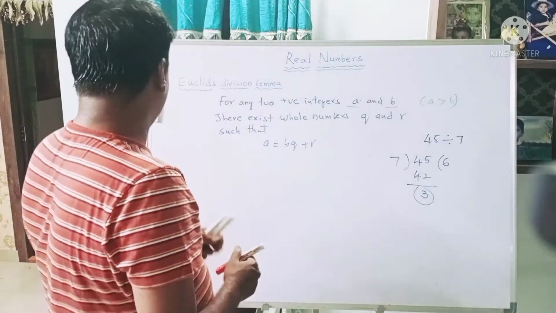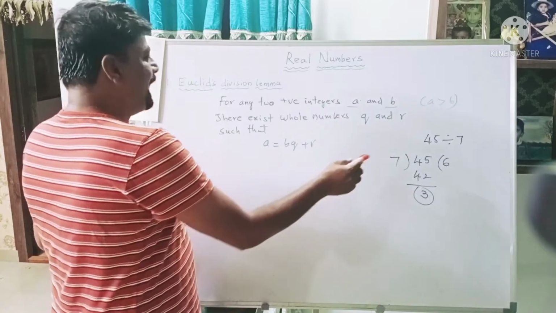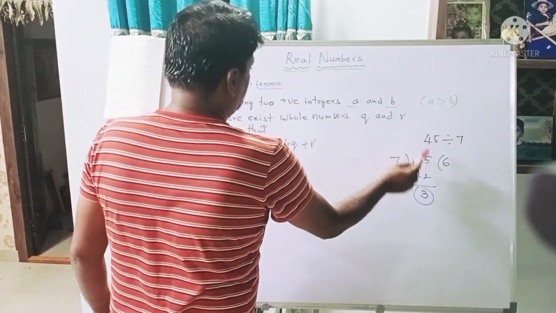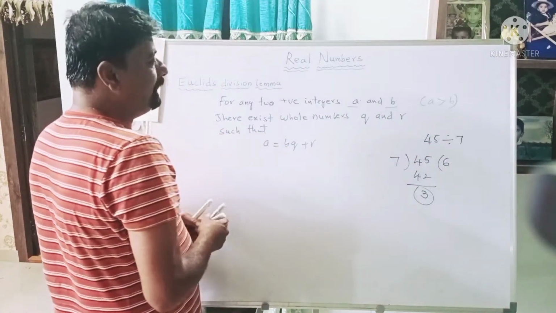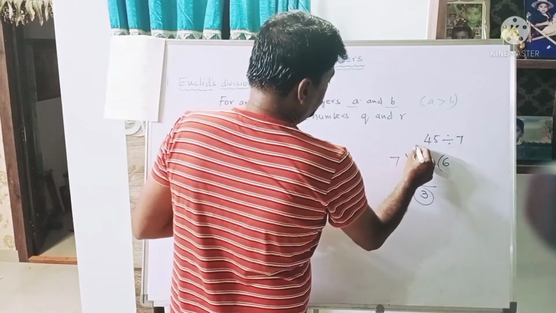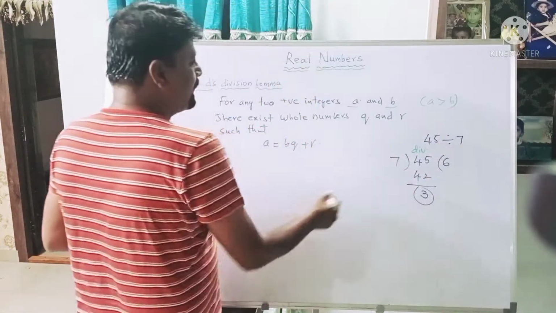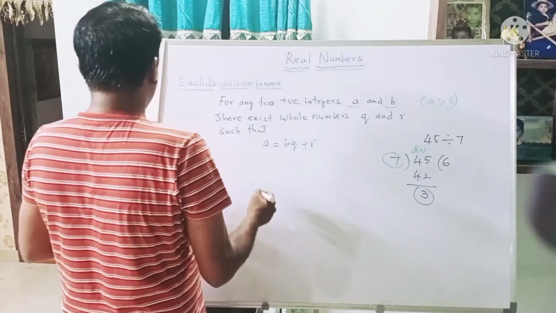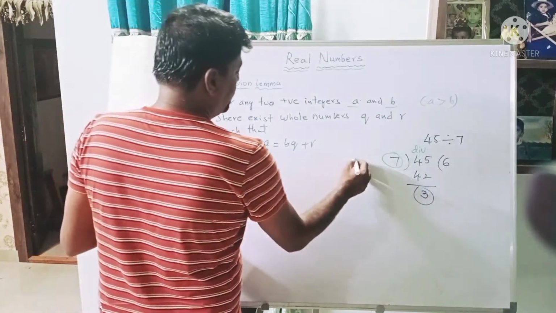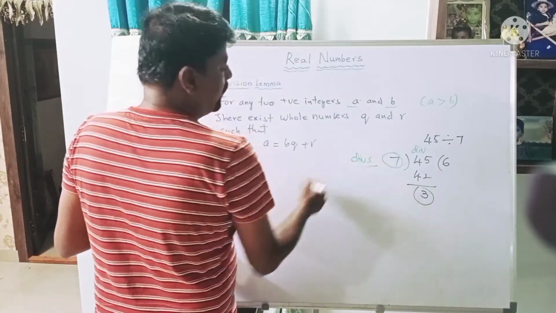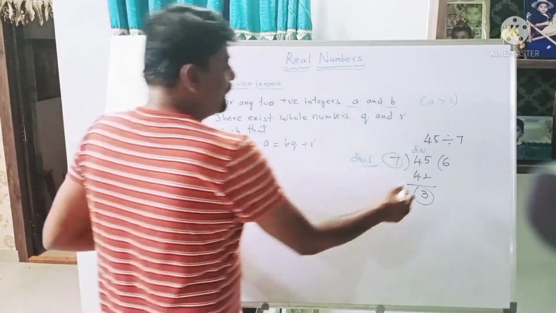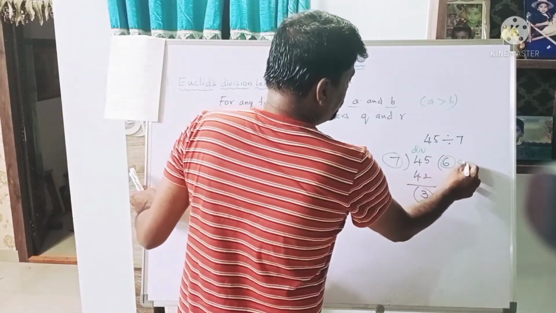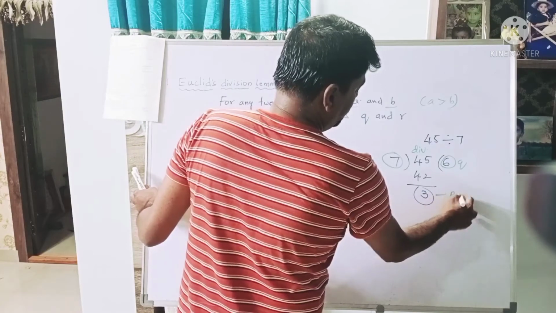Here 45 is called the dividend, and 7 is called the divisor. The 6 is the quotient and r is the remainder.